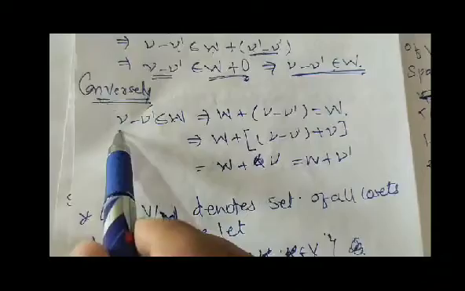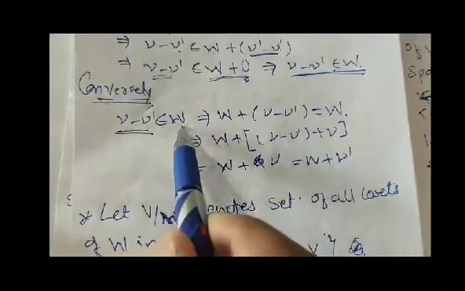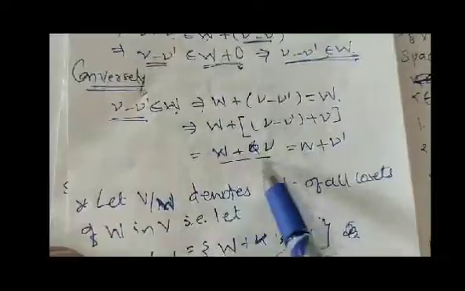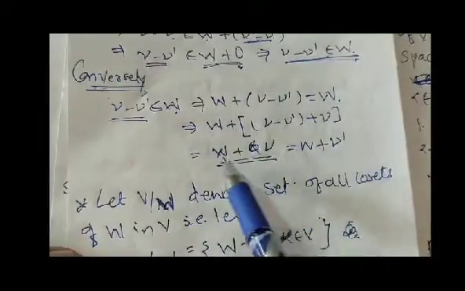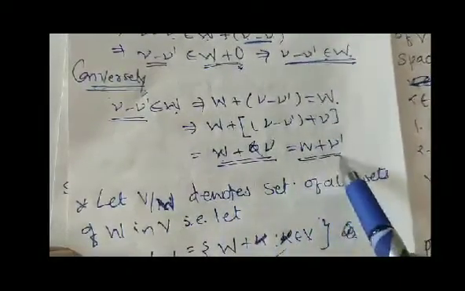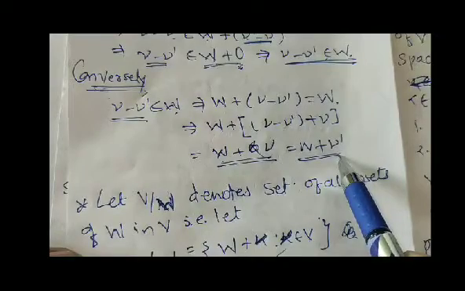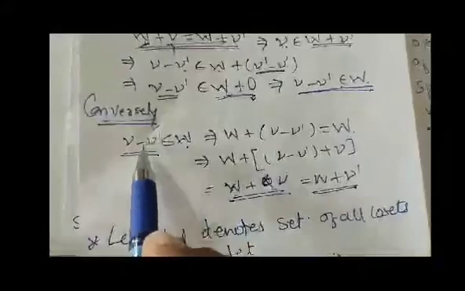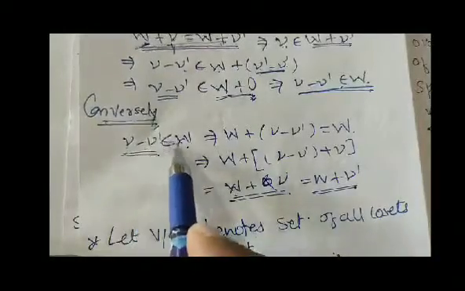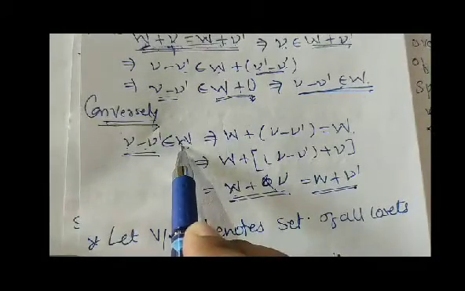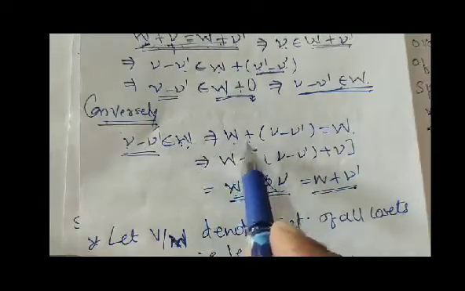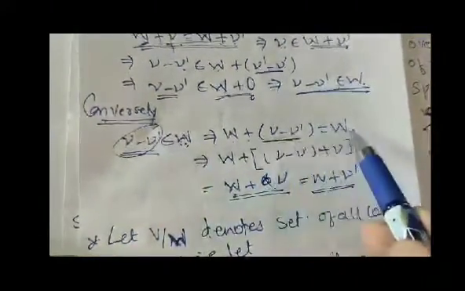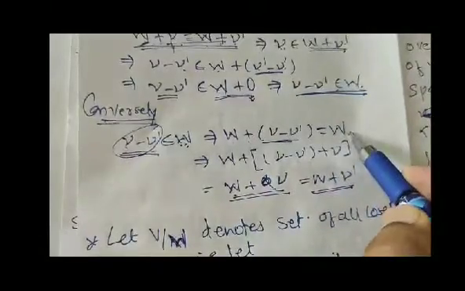What is the converse? If nu minus nu dash belongs to W, then W plus nu is equal to W plus nu dash. Okay, so see here what is given: nu minus nu dash belongs to W. So if this element belongs to W, then W plus this element again is W itself.